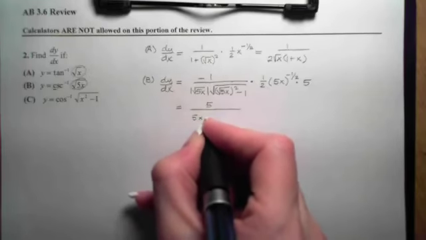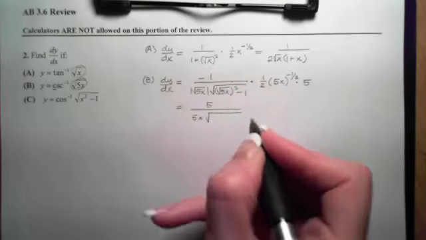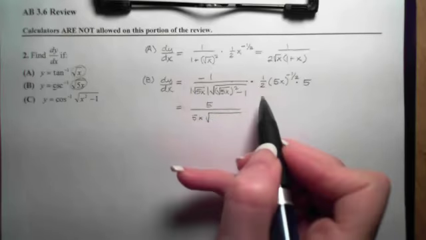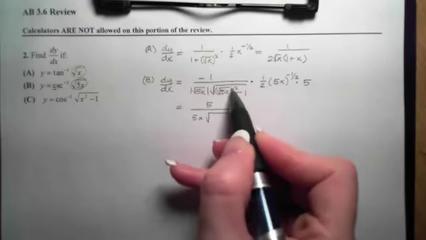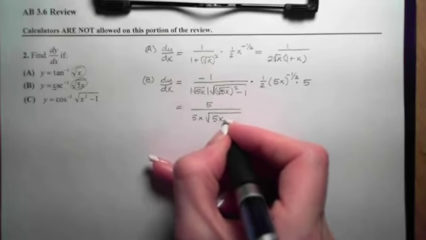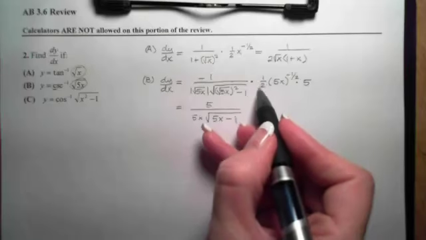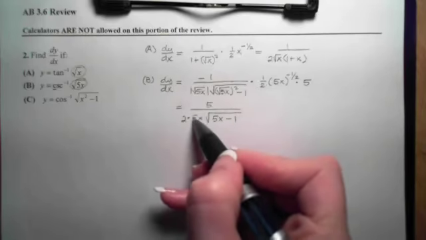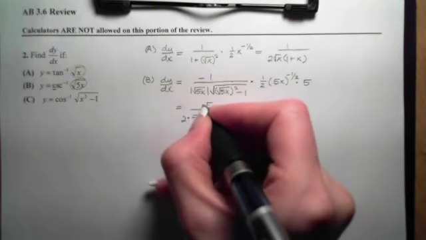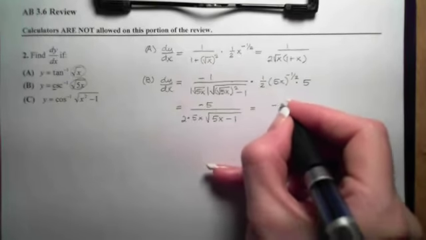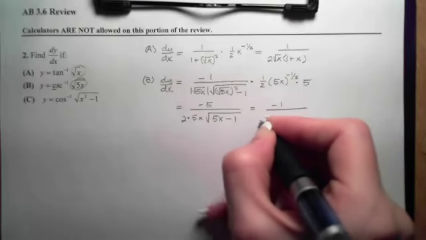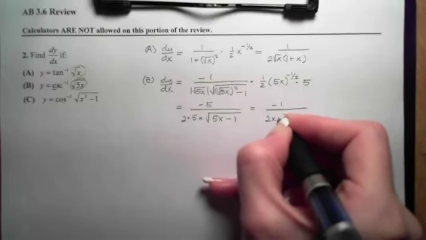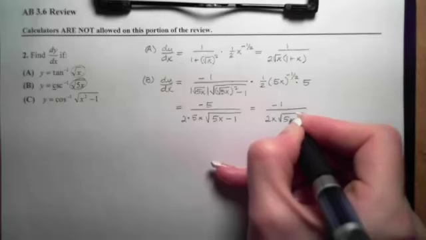And inside, I will have a 5x radical squared, which is a 5x, minus a 1. And then the last thing that I have is this 2. So if I look now, these 2 5's can cancel, and I will end up with a negative 1 over a 2x times a root 5x minus 1.